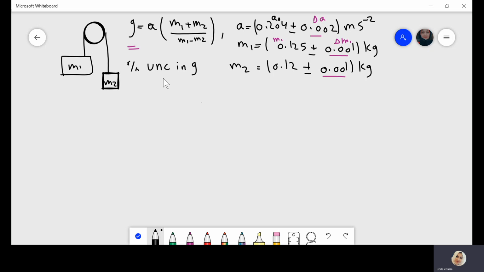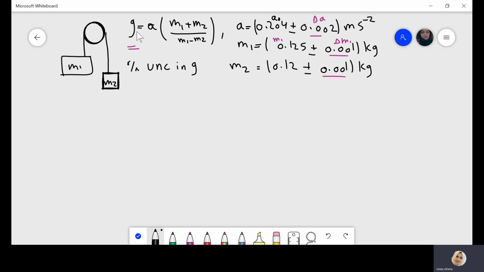Now I need to calculate the percentage uncertainty in G. To find the percentage uncertainty, we can find the fractional uncertainty first and then multiply by 100 to get the percentage uncertainty. We go to the formula.